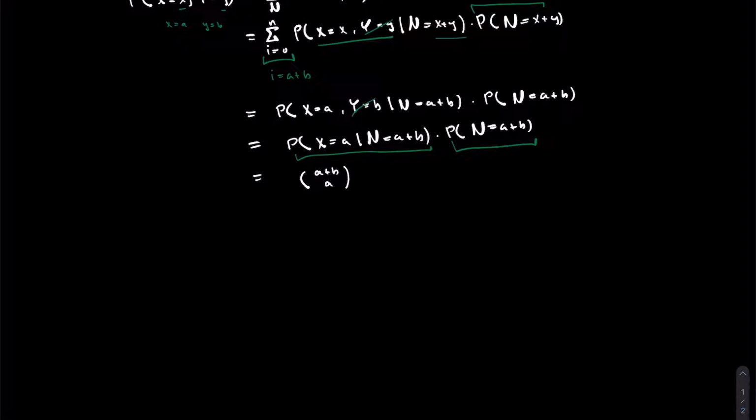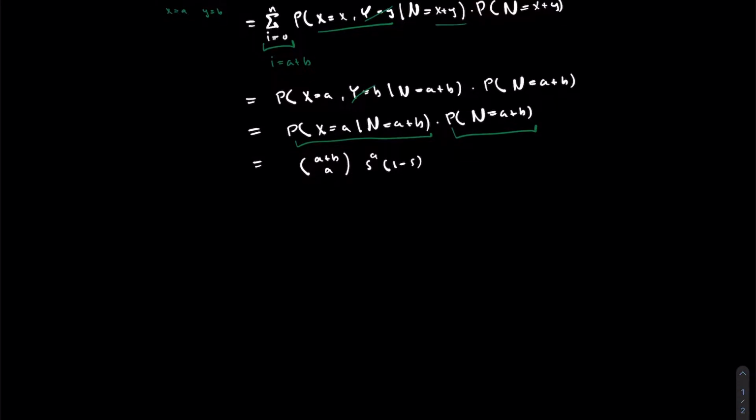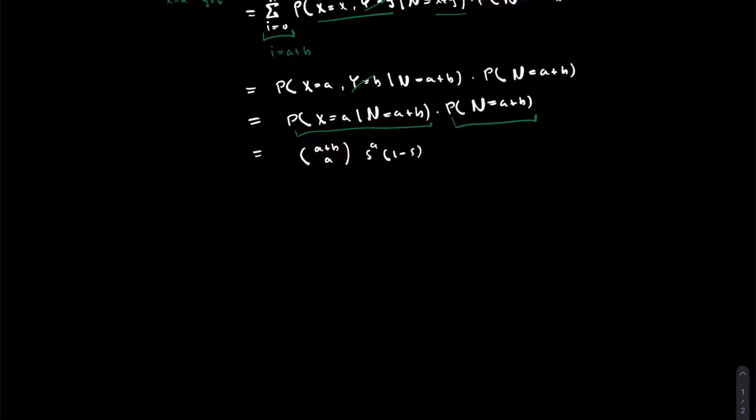The survival probability is s, so s to the power a, and not surviving is 1 minus s. Then the rest of the units not surviving is a plus b minus a, so basically b.